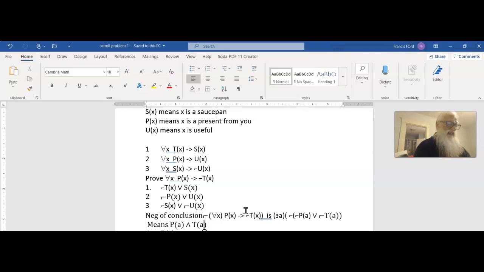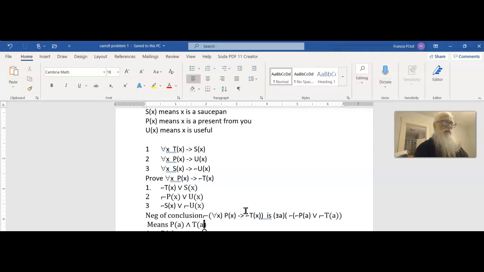Now, the negative of the conclusion is not for all X, blah. When we have a not in front of a for all, then that becomes there exists not. Think of that carefully. If not for all things, then surely there exists one that it's not true for.